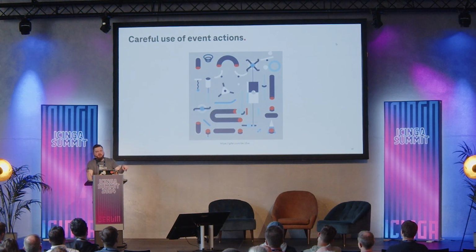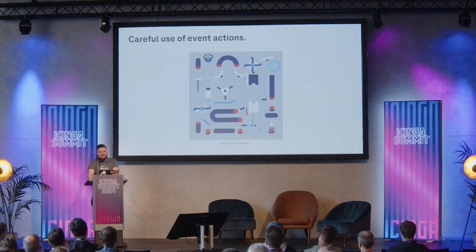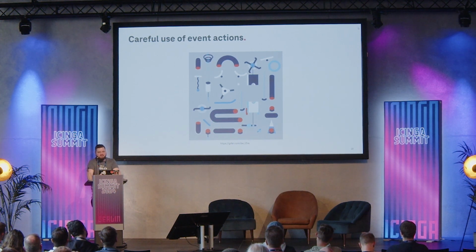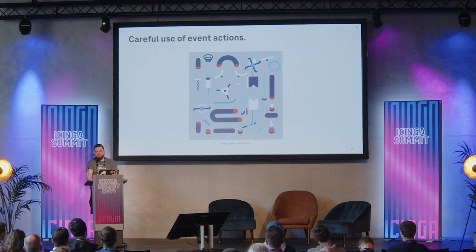That's why I painted the Rube Goldberg machine there, because that's a path that leads you to the very dark side of things, because your system will get very unpredictable, be broken in very, very curious ways, and you will get a lot of fun and nightly adventures with it. So before you use event actions, think hard, wait a few days, think harder, and then do the simplest possible thing you can imagine that is deterministic and that will for sure not break anything more.